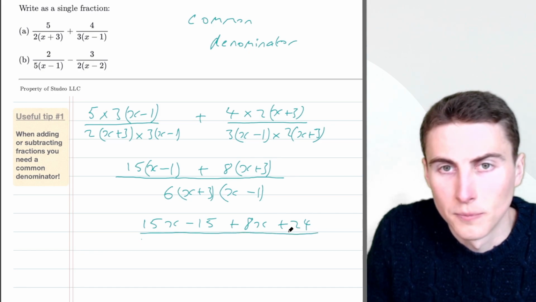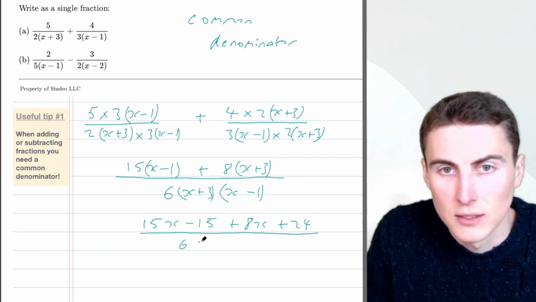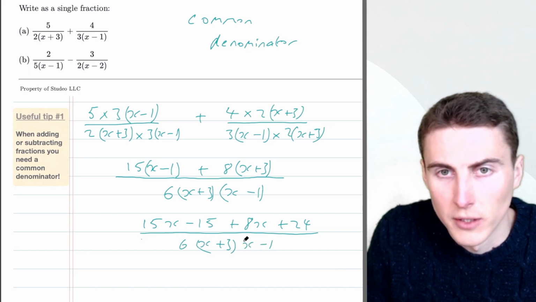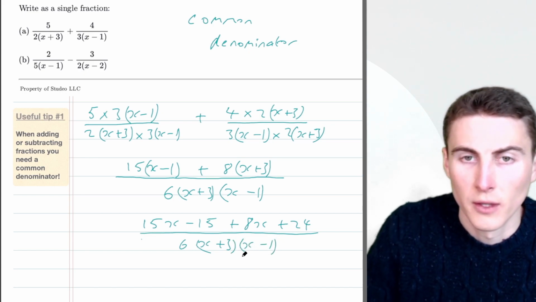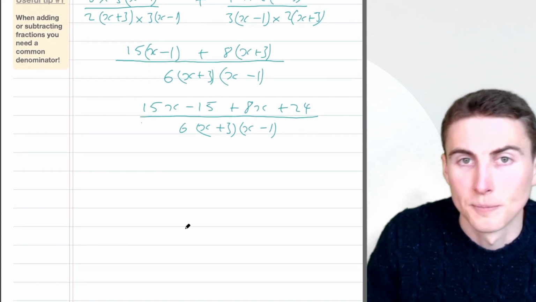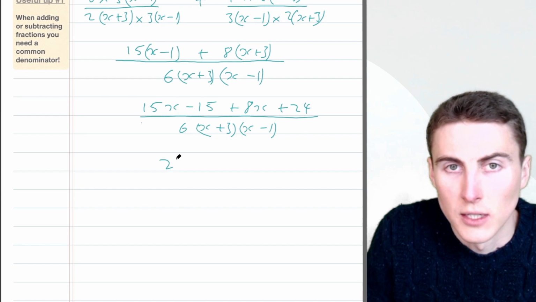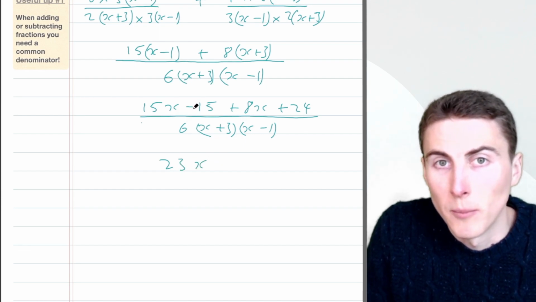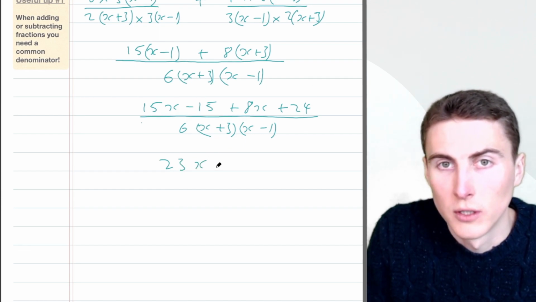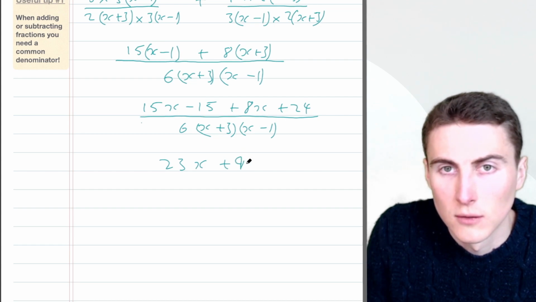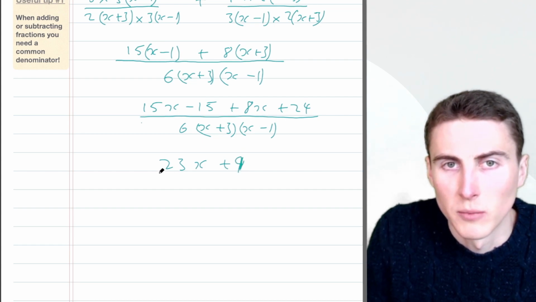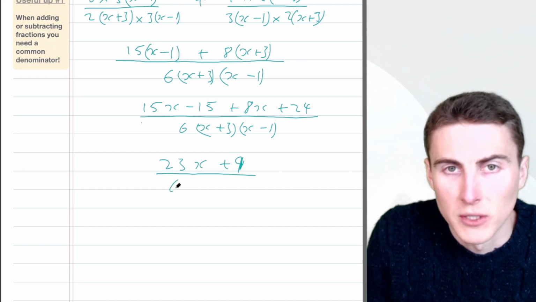And then on the bottom, I still have 6 sets of x plus 3 and x minus 1. And then simplify it one more time. So on the top, we have 15x plus 8x is 23x, minus 15 add 24 is positive 9. And then we still have the same thing on the bottom.